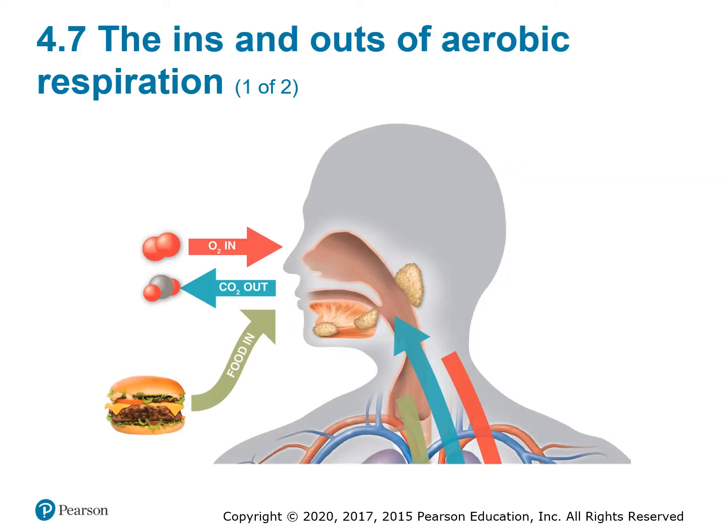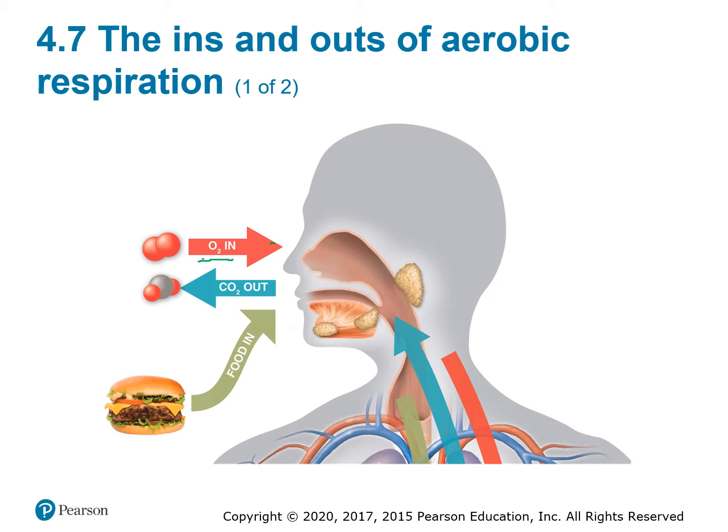I'd like to tie cellular respiration into physiology and respiration in the body. Remember that oxygen is needed for cellular respiration, and we bring that oxygen in via the respiratory system.